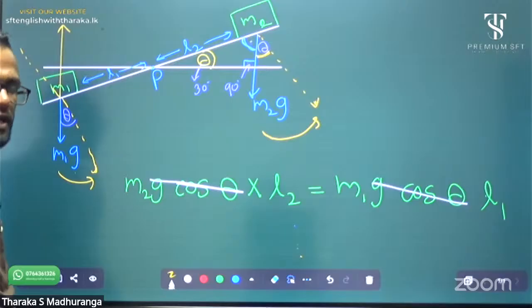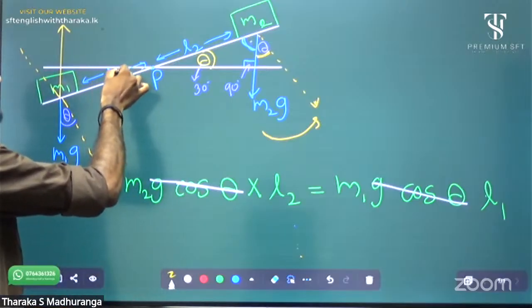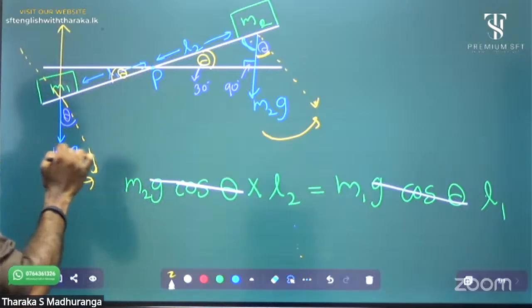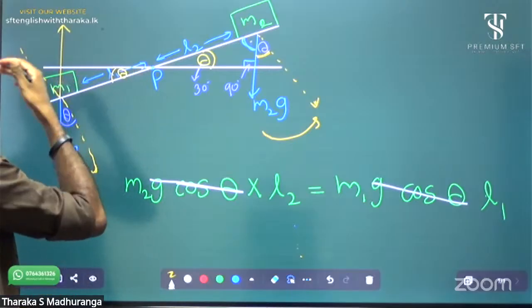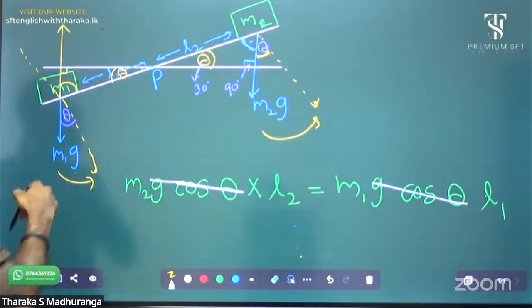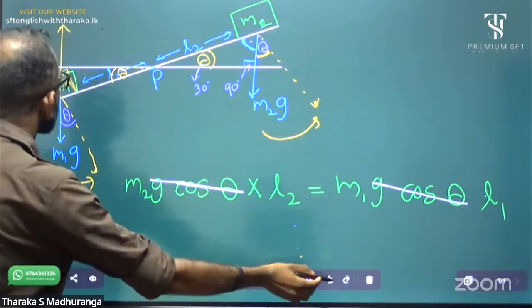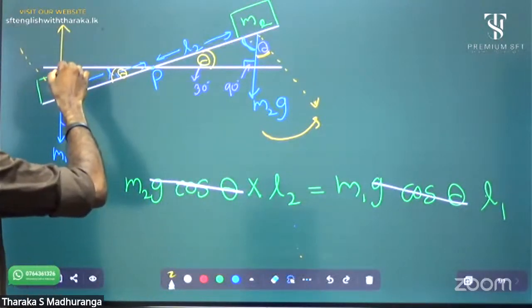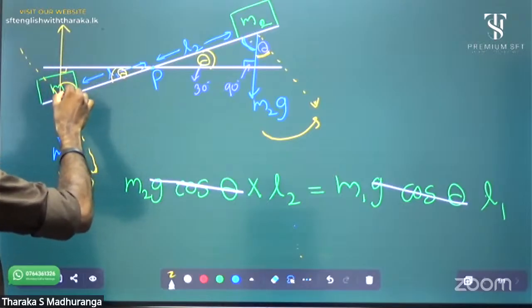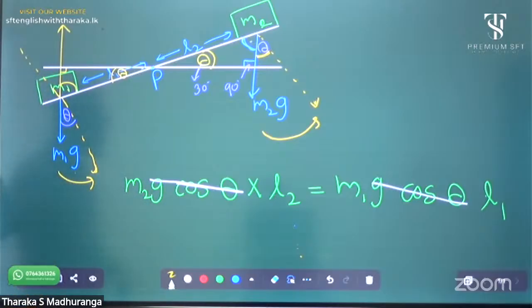Same thing, it's theta, as the question gave. Then 90 minus theta is this angle, and then it is theta.